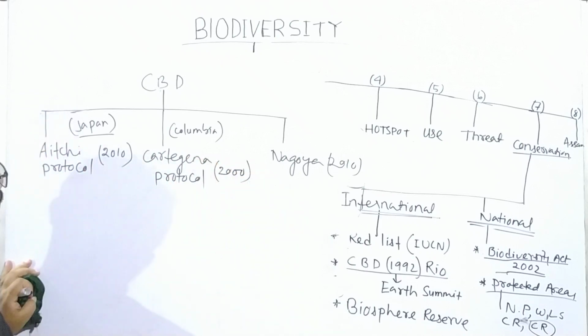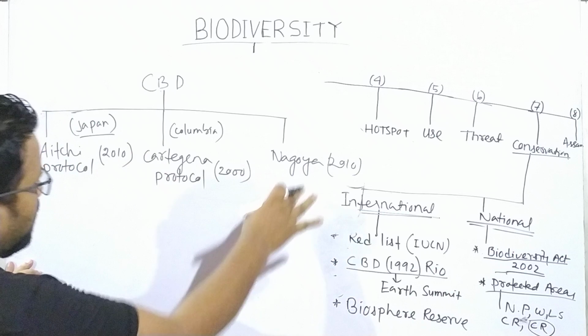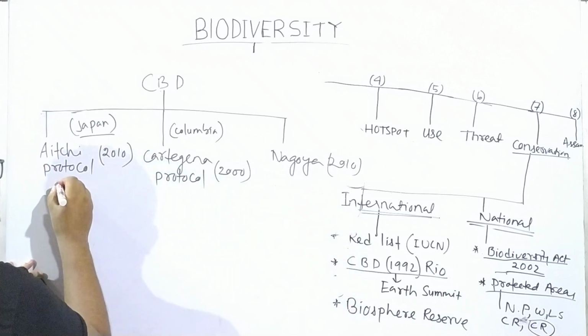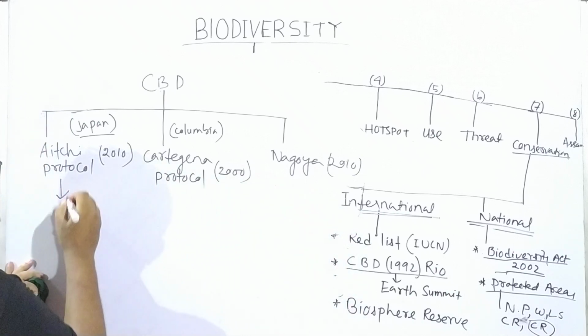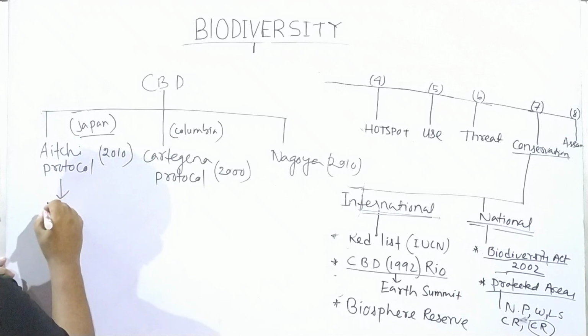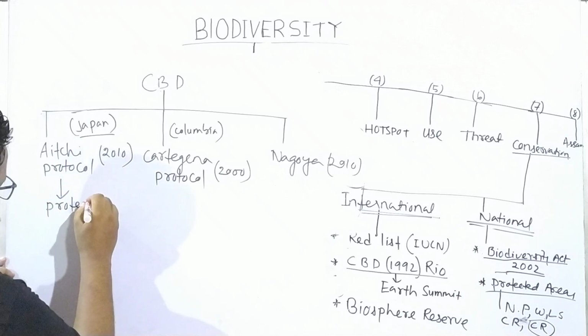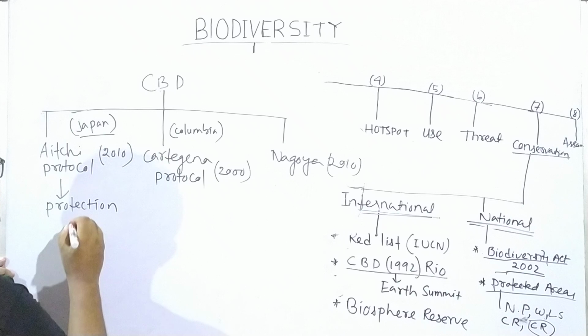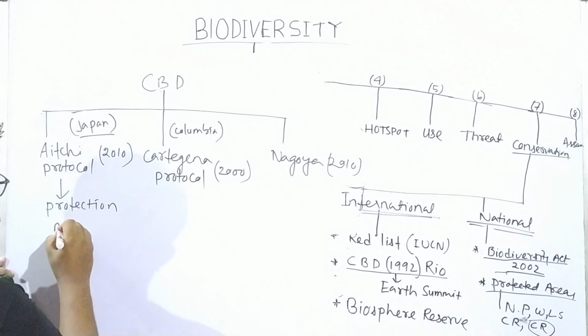Now what is the main purpose behind these? The main purpose behind the Aichi protocol is protection or conservation of biodiversity.